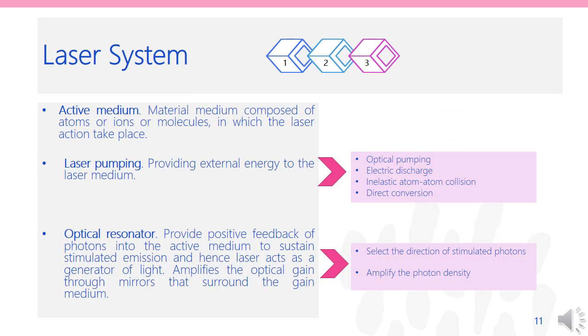The active medium is the material of the medium, composed of atoms, ions, or molecules. Laser pumping provides external energy to the laser and could be optical pumping, electric discharge, inelastic atom-atom collision, or direct conversion. The optical resonator is responsible for providing positive feedback and amplifying the light through mirrors that surround the gain medium.